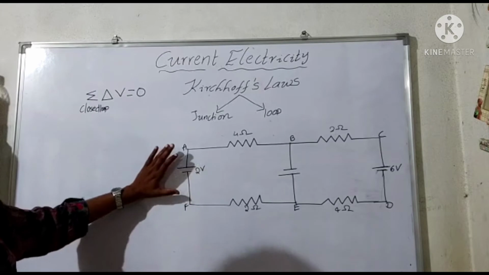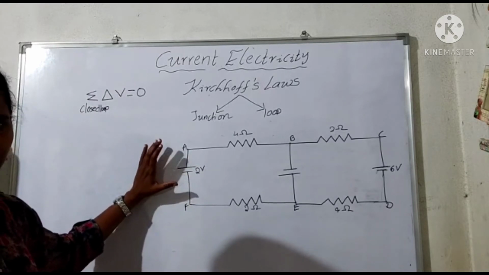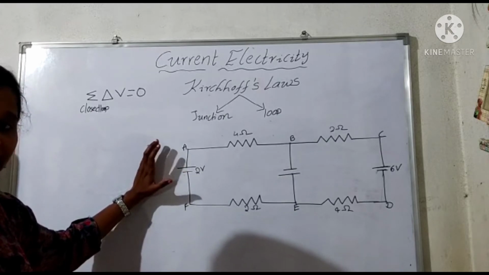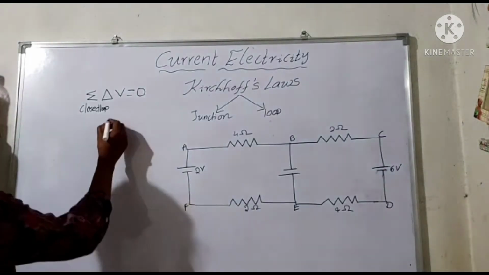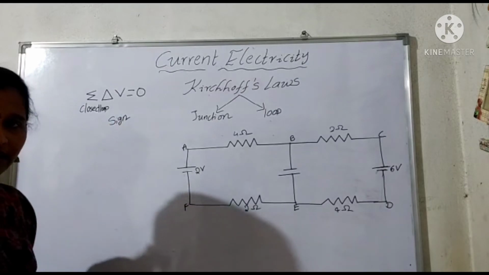Before going to the loop, first we need a sign convention, and second, we need to assume a current direction.